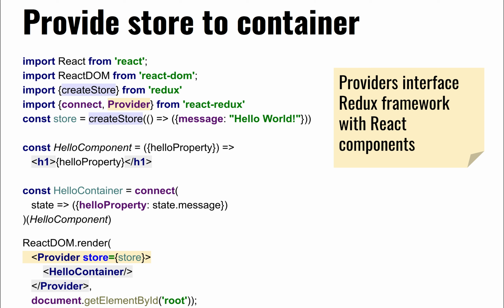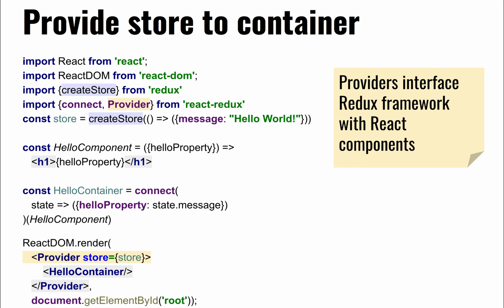Here we have just one container, the hello container, and it feeds the store into all the containers, passing the state through the connect function, and then the containers decide what to extract from that state and pass along into the component. Again, this is the most trivial example.